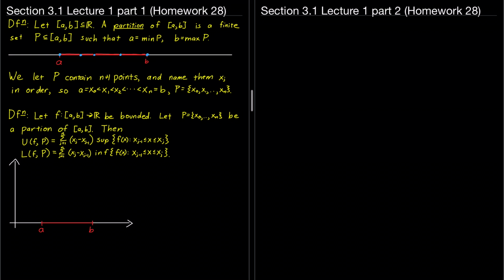It doesn't have to be a continuous function, although I think I will go ahead and draw a continuous function. It will make the picture a little bit cleaner. And then what we do is we take our partition. Here's x0, here's x1, x2, x3, and then x4. Then we're going to draw some vertical lines at each of our partition points.